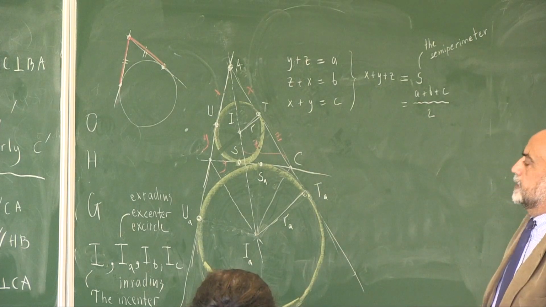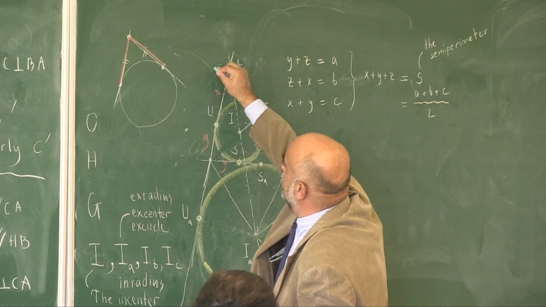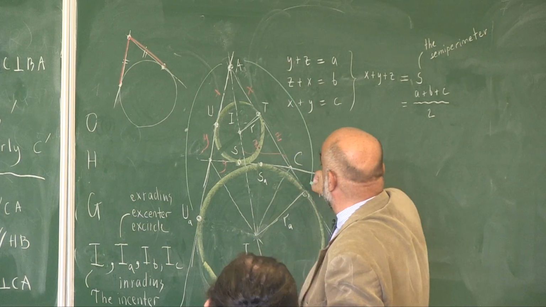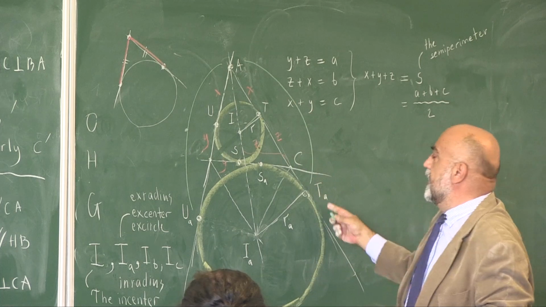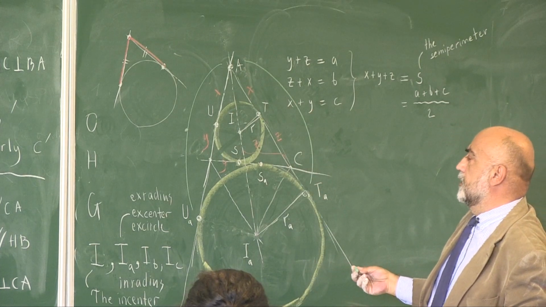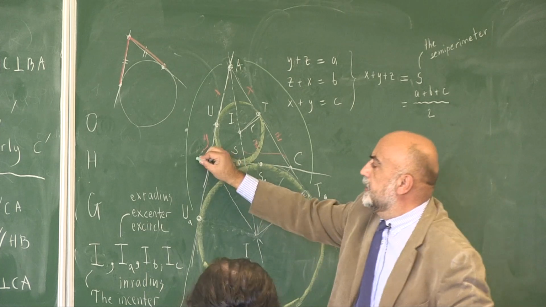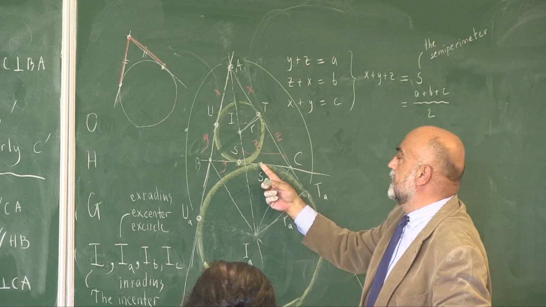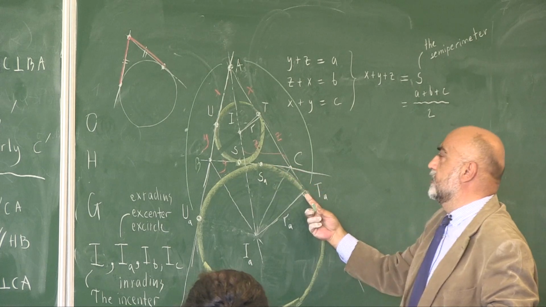On the other hand, let's observe that the lengths AUA and ATA must be the same. The lengths BUA and BSA are the same, and of course the lengths CSA and CTA are the same.